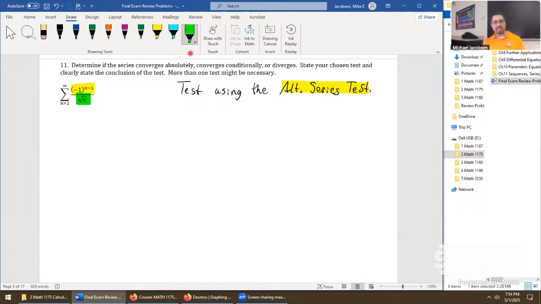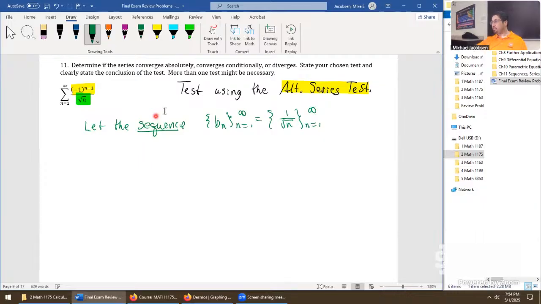And the test is interesting in the sense that the major element of this test is analyzing a sequence now. So we go and let the sequence. This is an important thought here because when we go to write bn, a mistake is trying to test it as if it was a series. That's a common mistake to make here. So let the sequence bn, as n goes from 1 to infinity, be 1 over root n.